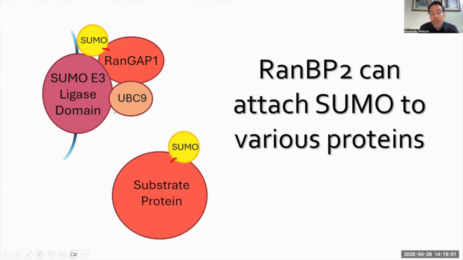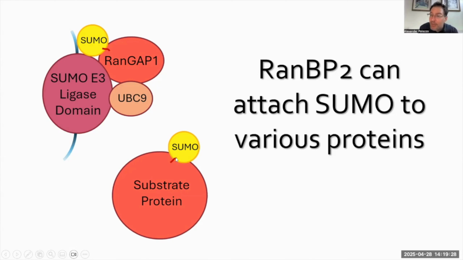This is known as SUMOylation. RanBP2, by virtue of the fact that it binds to UBC9, can promote the transfer of this SUMO, which is a small protein in and of itself, to be attached to various protein substrates. That modulates the activity of these protein substrates. Now, we don't understand what activates the SUMOylation event.